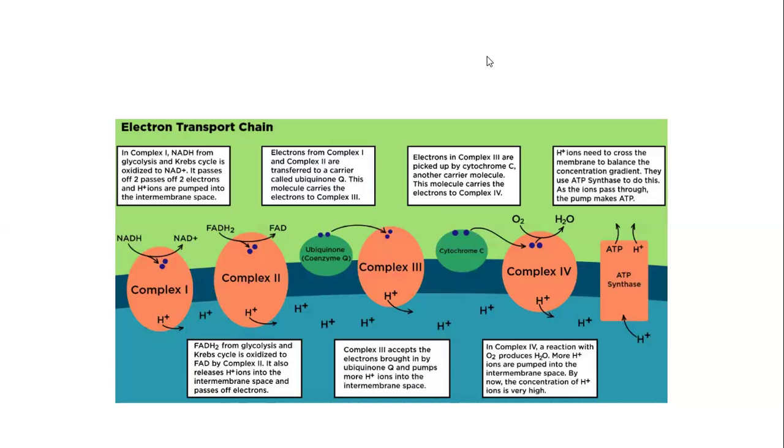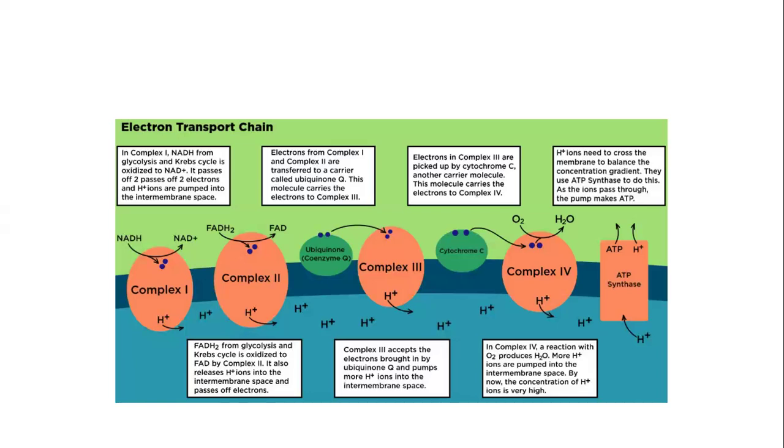The Krebs cycle then produced what are known as high energy electron carriers, NADH and FADH2. So these are the high energy electron carriers that you're getting from the Krebs cycle.